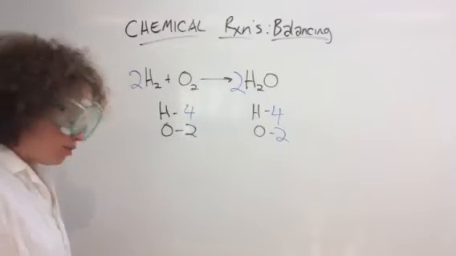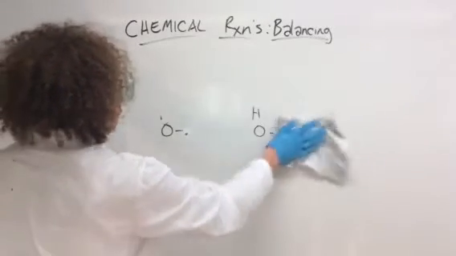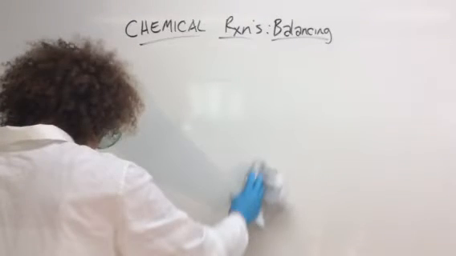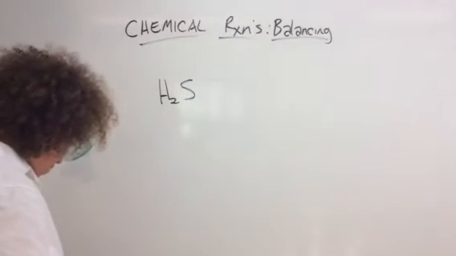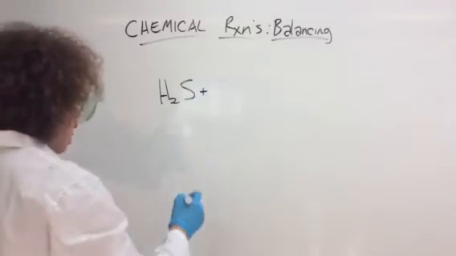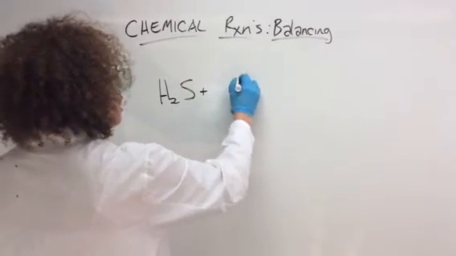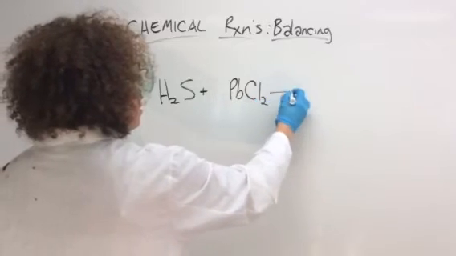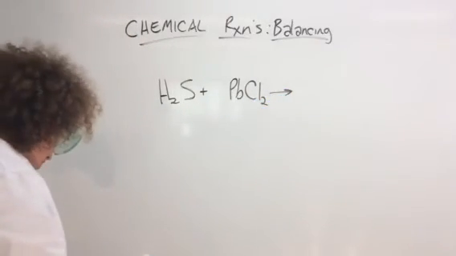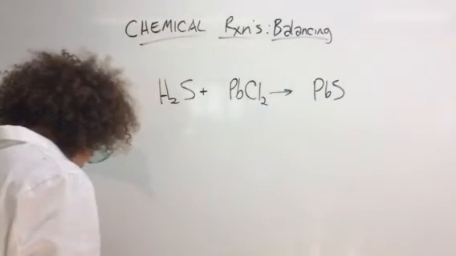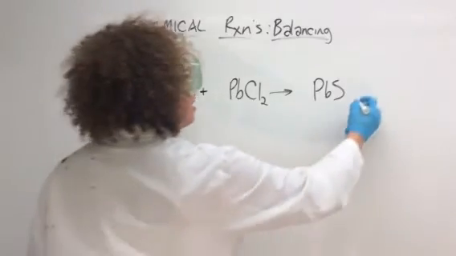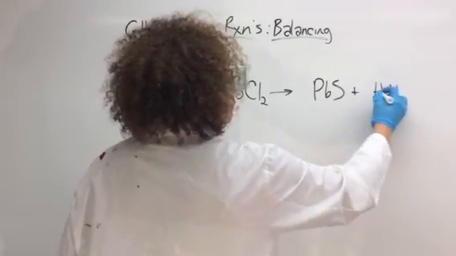Let's try something just a little bit more challenging. Your textbook, page 107, has this equation. It gives us H2S, which any of you who've worked in the patch or been around it knows is a toxic gas, and lead chloride, also bad, so this is not something that we would be playing with in the classroom, gives me PbS, so lead sulfide, and hydrochloric acid.